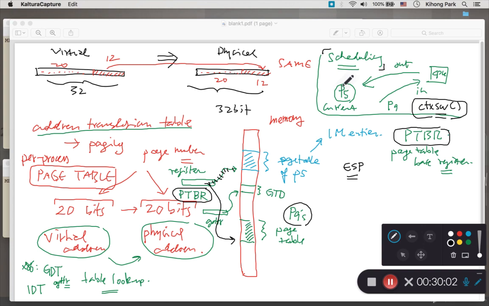But as you can see, when so doing, we always have to leave things out, and we have to keep it like a black box, and then we open up that black box later on. And here we are seeing further dependence between scheduling, which is part of process management, and this paging, which is part of memory management. Two entirely different subsystems, but very much dependent upon each other because changes in one affect the other.